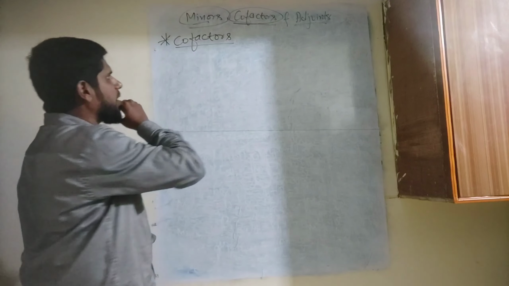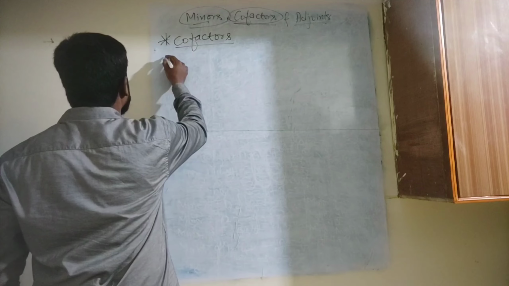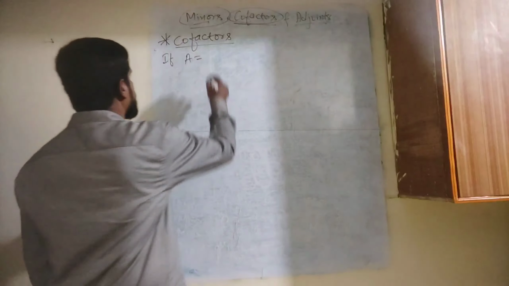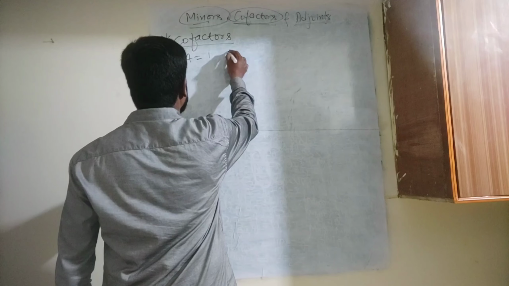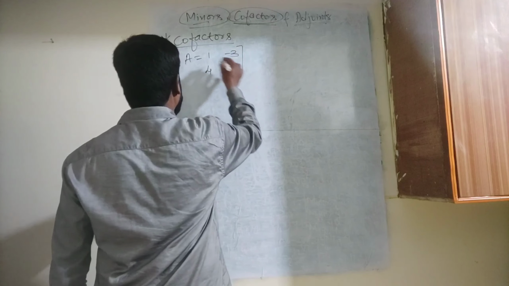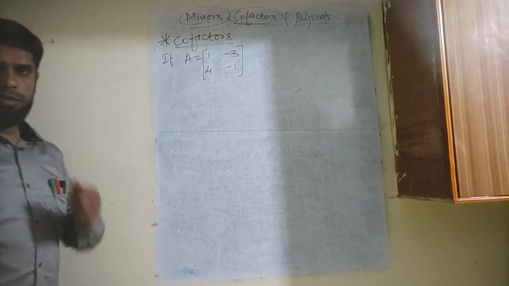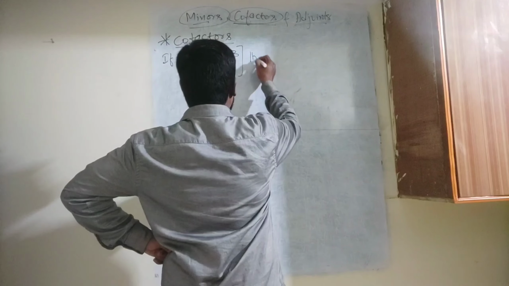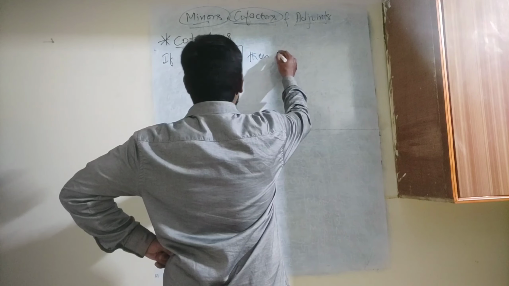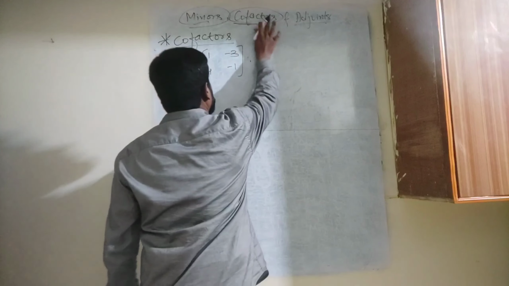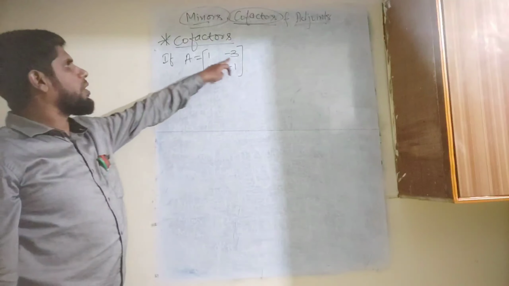Okay, for example, let me take a numerical example here. If A is a matrix whose elements are 1, -3, 4, -1, then here there are 4 elements.